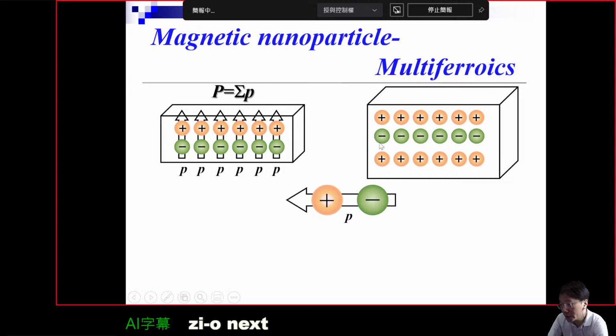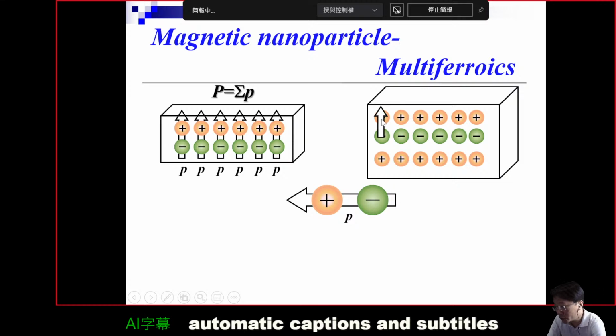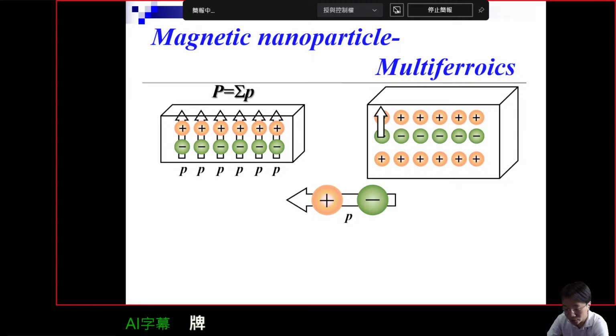If you look in more detail, we will find there are positive charges and negative charges, which form electric dipoles. But typically you would not feel any polarization in the compound because they cancel each other due to the symmetry.